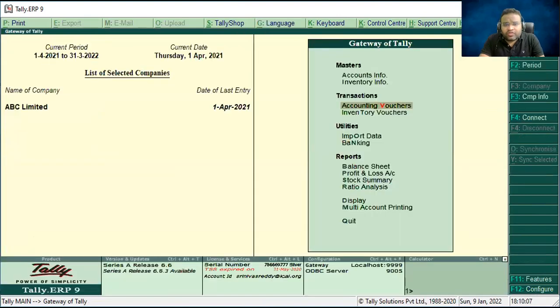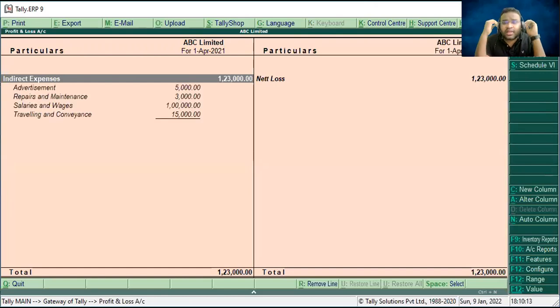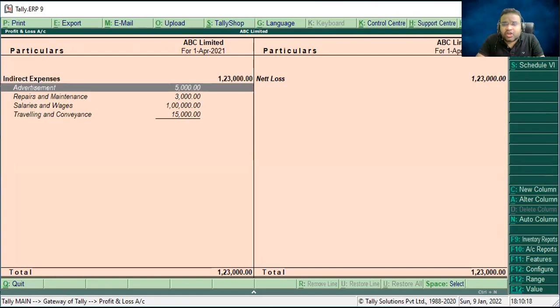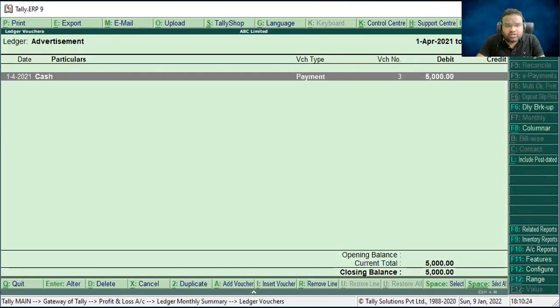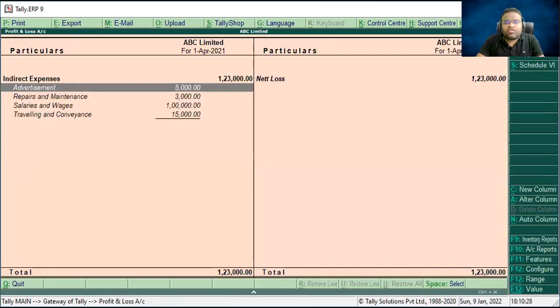Now, if I go to the profit and loss account, the financial accounts give me that all my indirect expenses are 1,23,000. Can I get a bifurcation of how much advertisement cost I incurred for Lingampalli outlet? You need to open the ledger and find out using narration. Otherwise, you need to create separate ledgers for advertisement, repairs and maintenance, salaries and wages, traveling and conveyance.